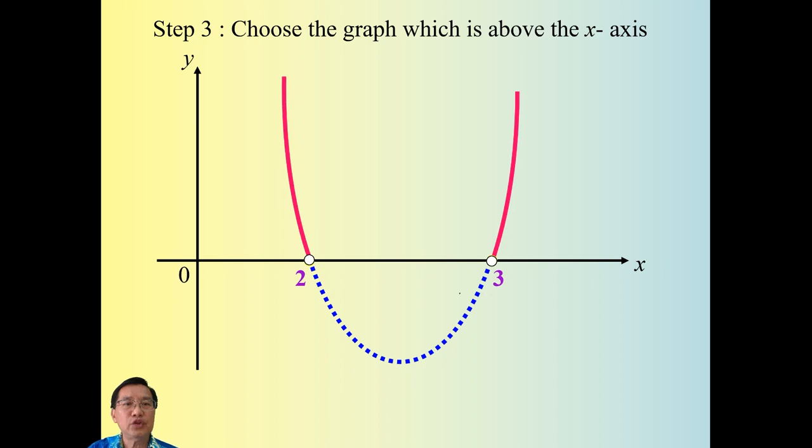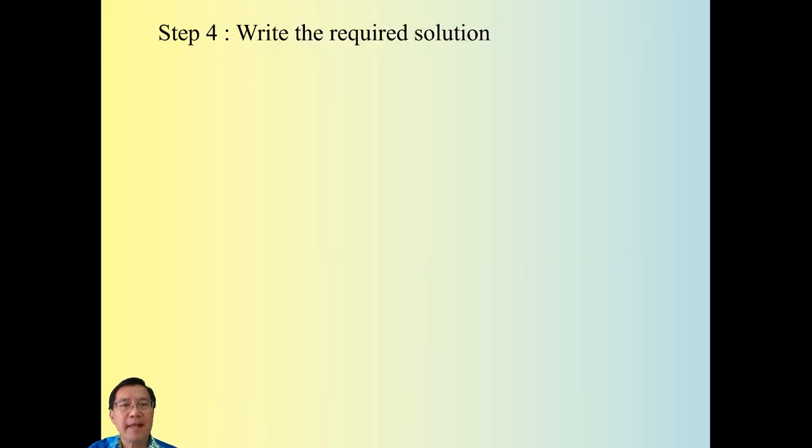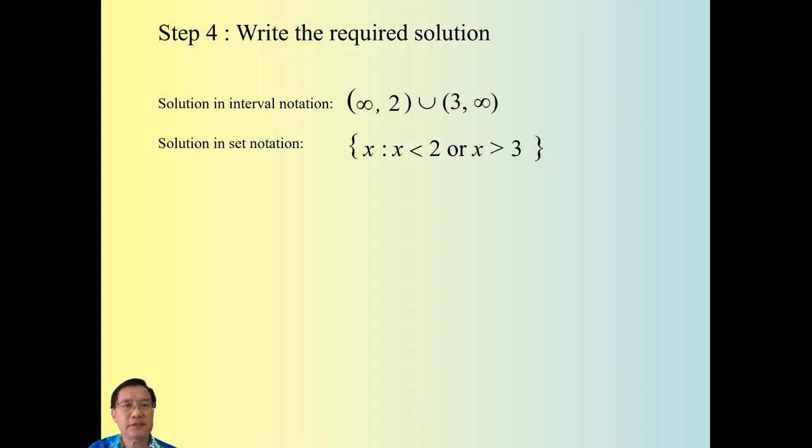Next, choose the graph which is above the x-axis, which is x less than 2 or x greater than 3. Finally, write the required solution. The solution can be in interval notation or in set notation.